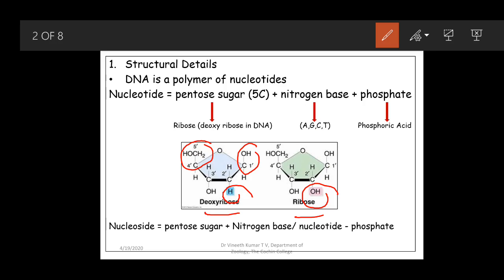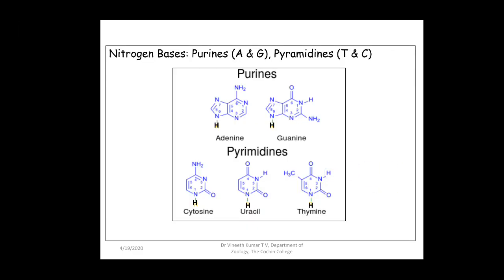The prime does not have any other significance. Here the prime with the carbon atoms is just to distinguish them from the numbers in the nitrogen bases. Coming to the nitrogen bases, here you can see the nitrogen bases.